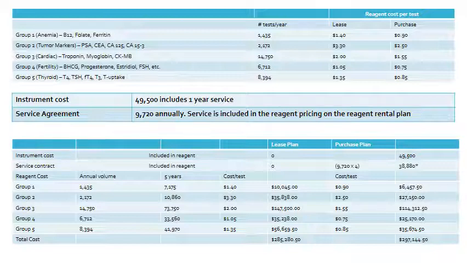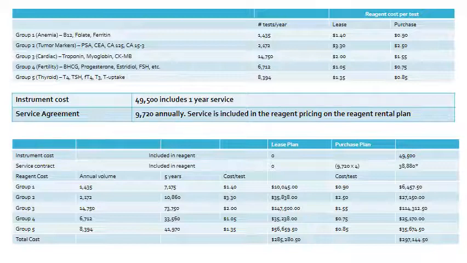A lot more hospitals are doing the lease plan because it's a lot easier. With most lease plans, one of the things that's included in the lease is the first year of service. This is just like trying to decide, do you want to own the car or do you want to lease the car? You have to figure out which one's more expensive over time.